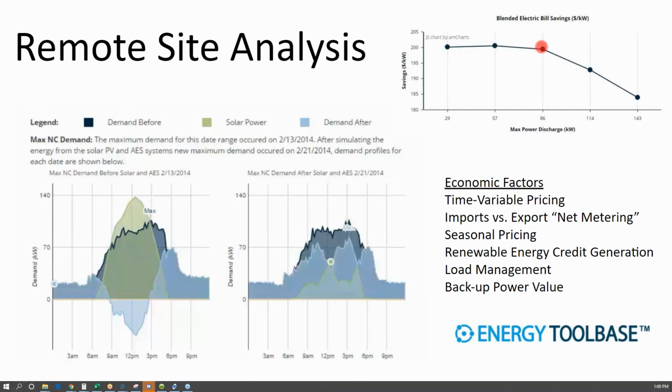That's of the battery size. What we're saying is all of a sudden you get too large with your peaker plant and you get into diminishing returns. That's just like what we were talking about yesterday.